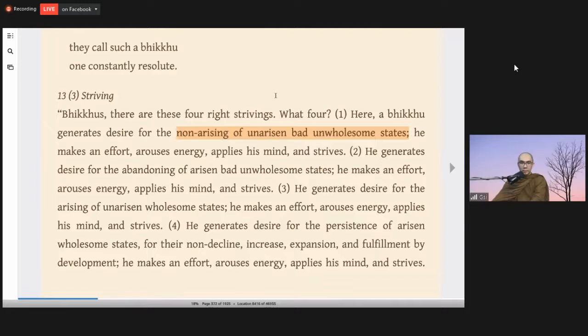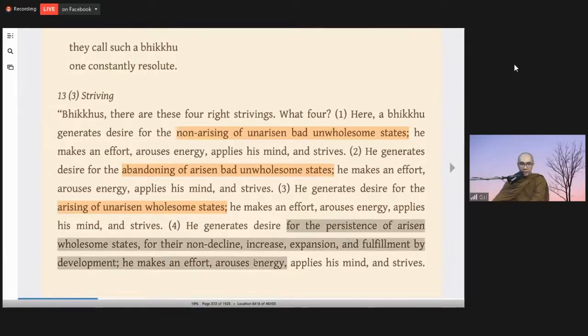Another is for the abandoning of arisen bad unwholesome states. Another is for the arising of unarisen wholesome states. The next is for the persistence, fulfillment by development.